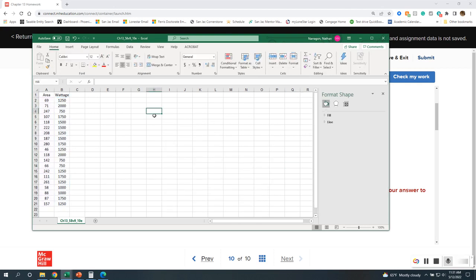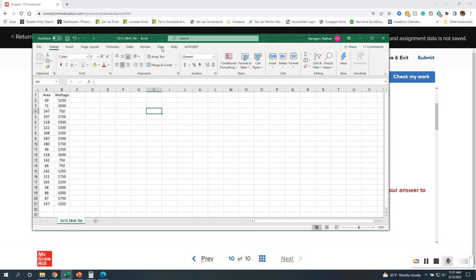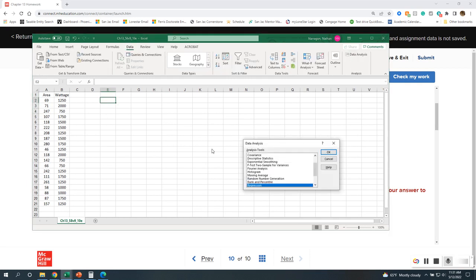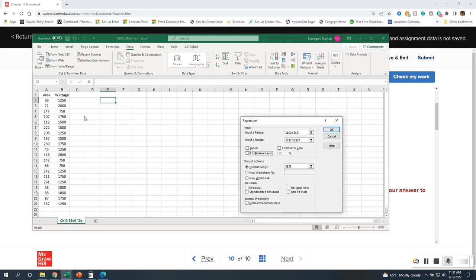How do we confirm it? Let's try and put our data in. Okay. So our Y range is indeed wattage.